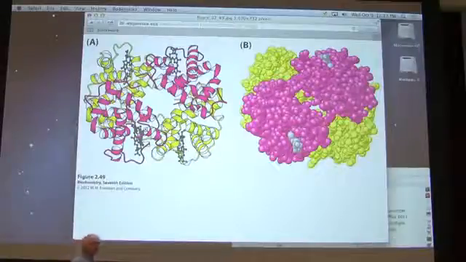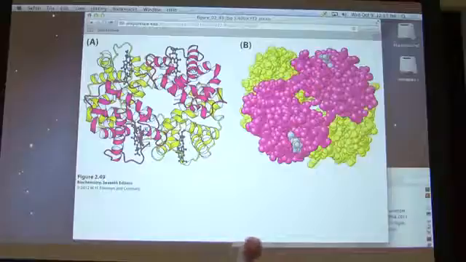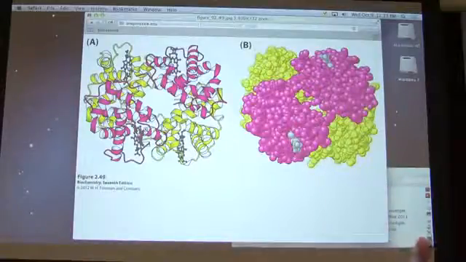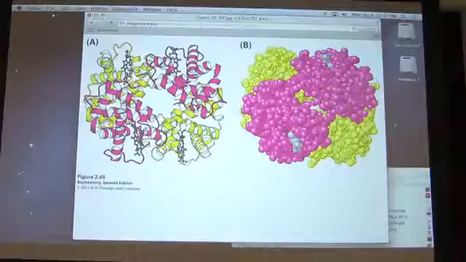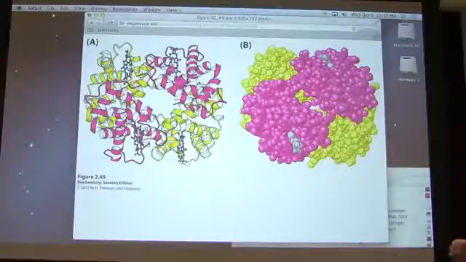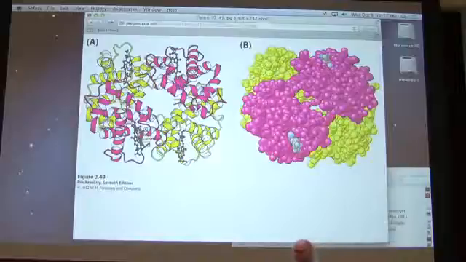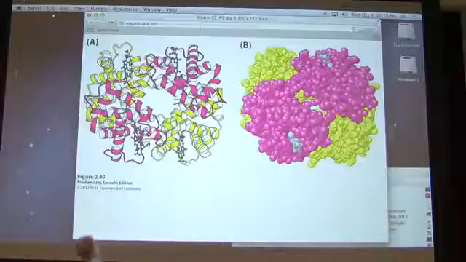That is 4 separate polypeptide chains. Two of the chains are identical, and they're called alpha. The other 2 chains are identical, and they're called beta. You see 2 alphas, and you see 2 betas. Alphas and betas are very, very similar in structure, as we will see, and very, very similar in function. Essentially, we will treat them as identical in function. But nonetheless, there are 4 separate units.